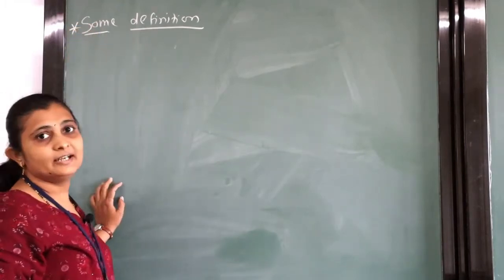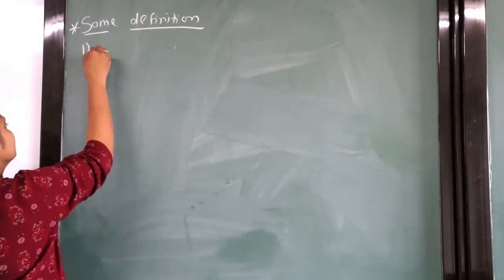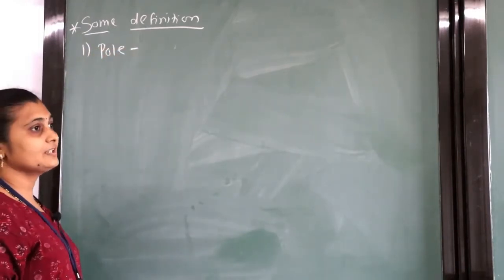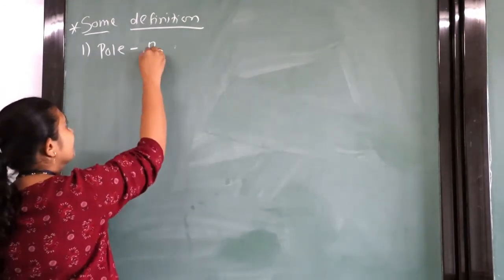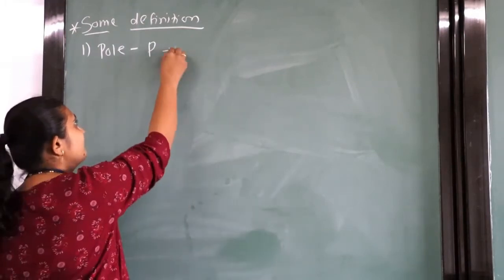First one, pole. The first definition is the pole, denoted by capital P. Now what is the pole?